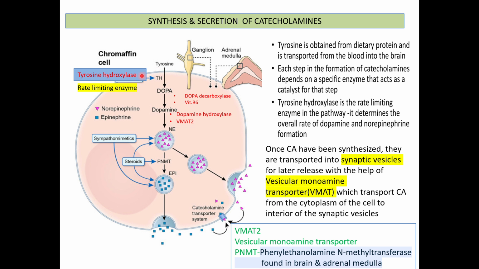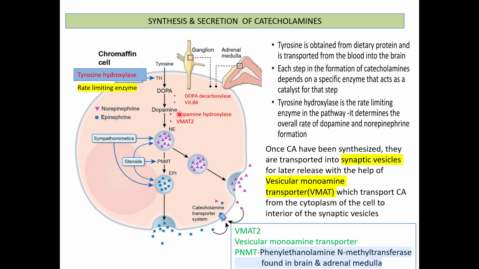So this enzyme is essential, and because of tyrosine hydroxylase, tyrosine is converted into dopa, and this dopa is converted into dopamine in the presence of dopa decarboxylase and the cofactor vitamin B6.